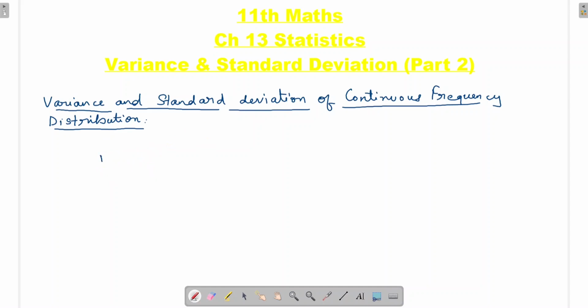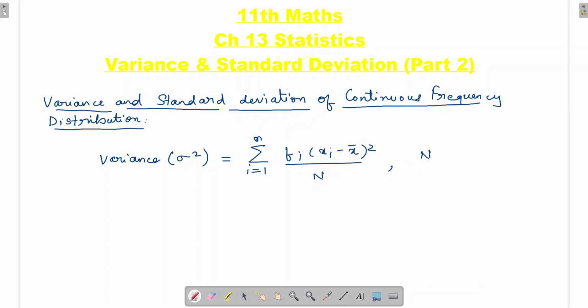So variance, which is denoted by sigma square, is equal to summation i going from 1 to n, where n is the number of observations, fi (xi minus x bar) the whole square divided by capital N, where capital N is equal to summation i going from 1 to n of fi, that is the sum of the frequencies. And standard deviation is just the root of this variance.